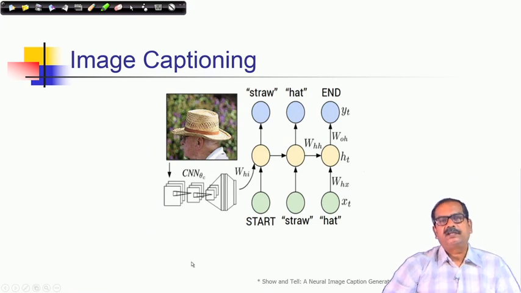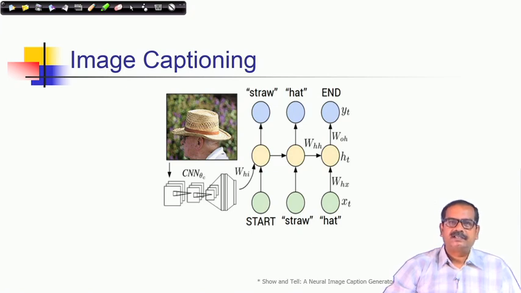One very popular application is image captioning, where image regions could also be scanned, but in this case the image is represented as a feature vector using a CNN, and that is input to an RNN, which outputs the description one word at a time.